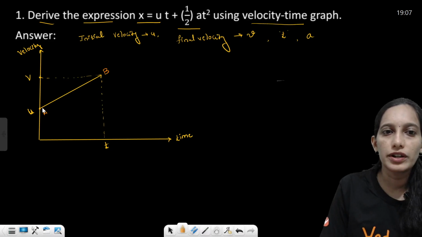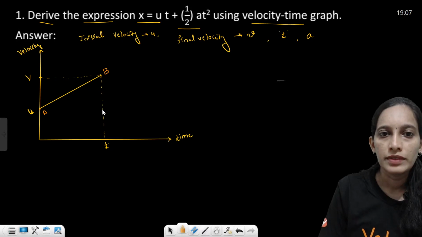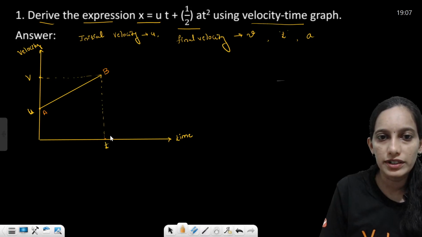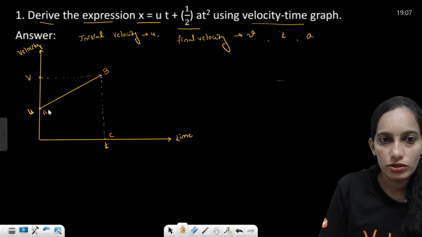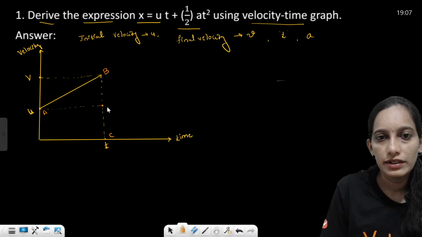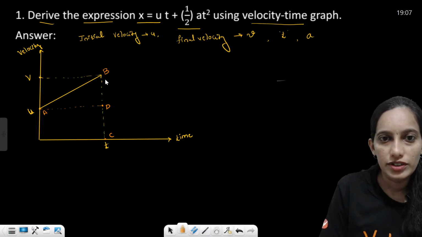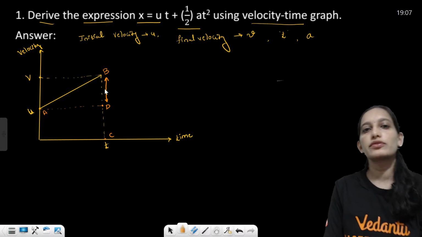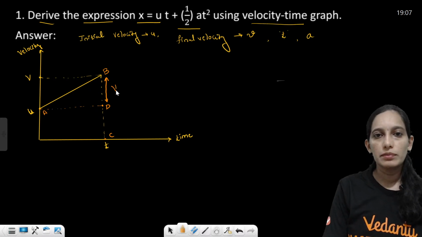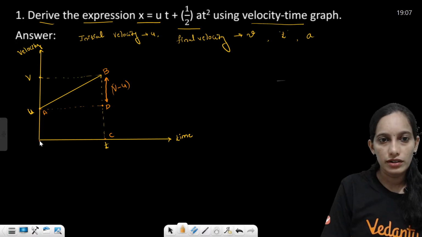So I call this point a, this point b, and this point c, and I can also mark a corresponding point here as d, such that the length of bd will be equal to v minus u. That will be giving us v minus u, because this is our origin.